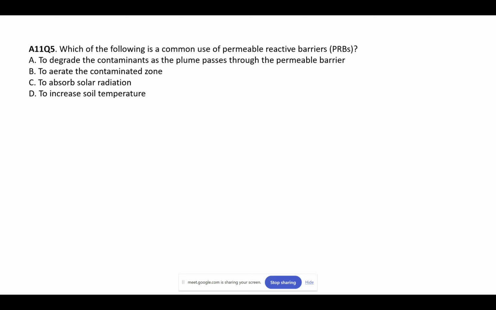In PRBs, there is zero valent iron or other compounds which help to absorb, oxidize or reduce the contaminants while the plume is passing through the PRBs. So A is the correct answer. So now let's move to the next question. That is question number 6.